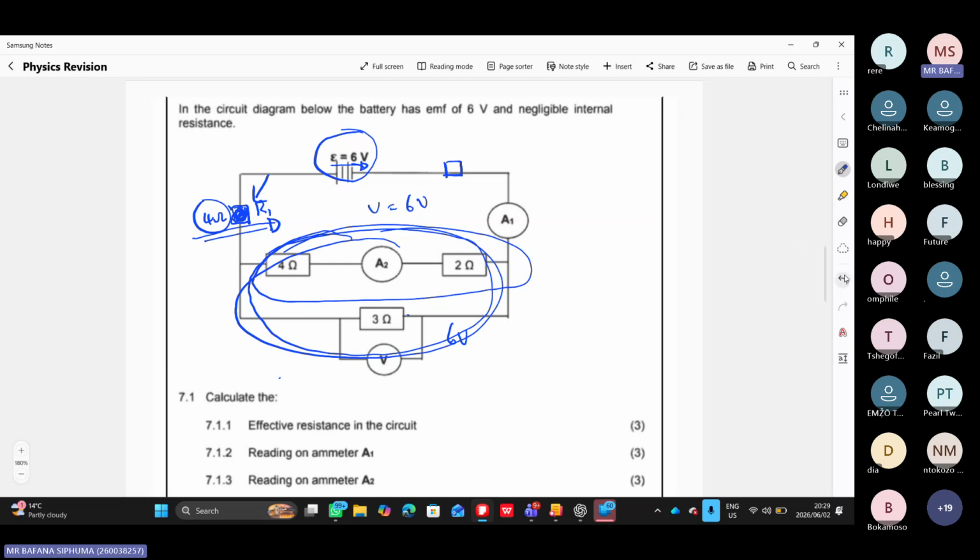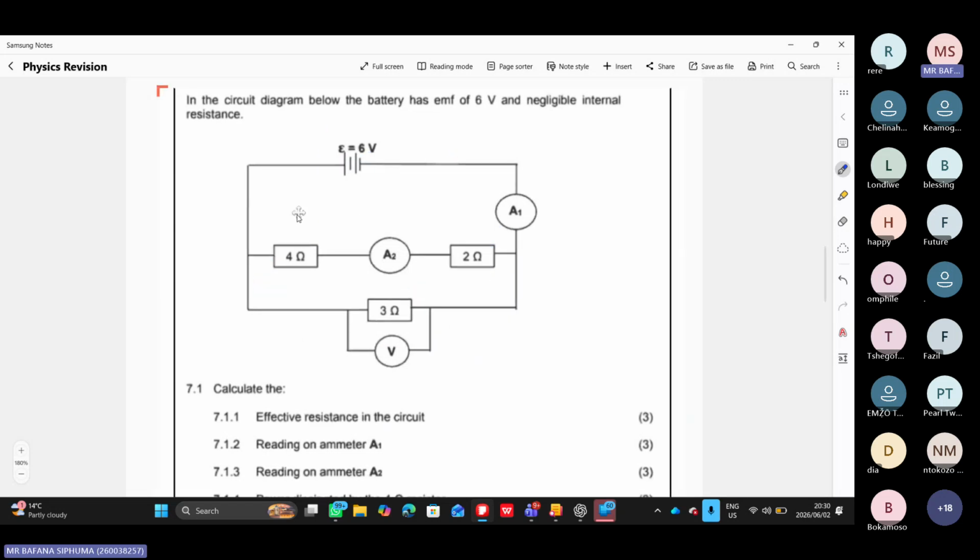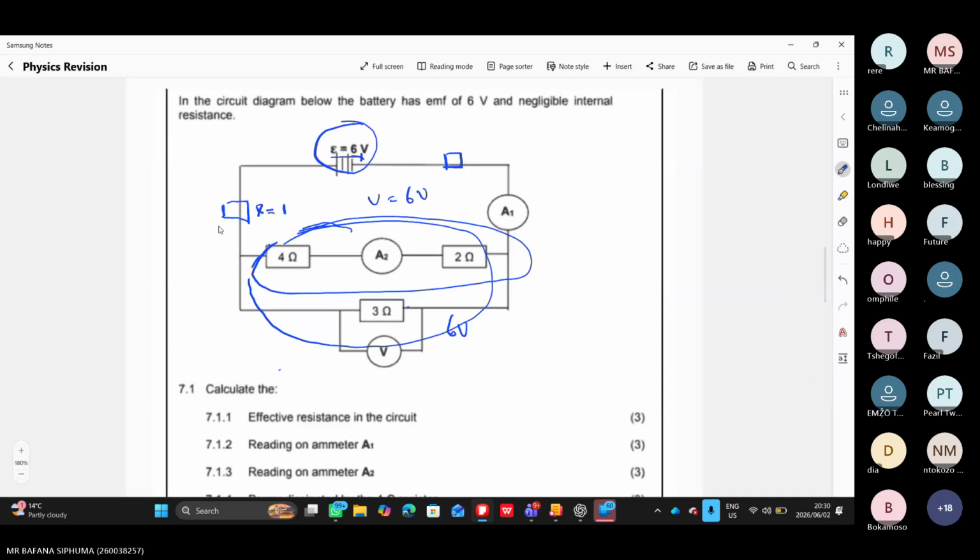Okay, let me reduce the number so that I can show you practically. Let's say our resistance that is connected here is R, which is 1 ohm. We had the total current, our IT, it was 3A, right?